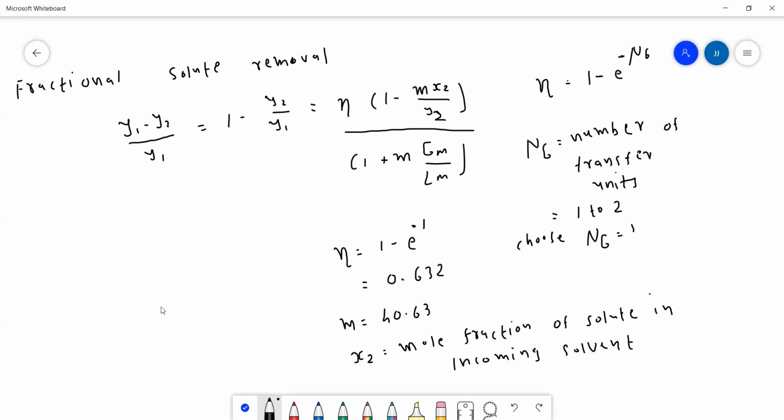So for example, this is our Venturi tower. This is location 2, location 1.